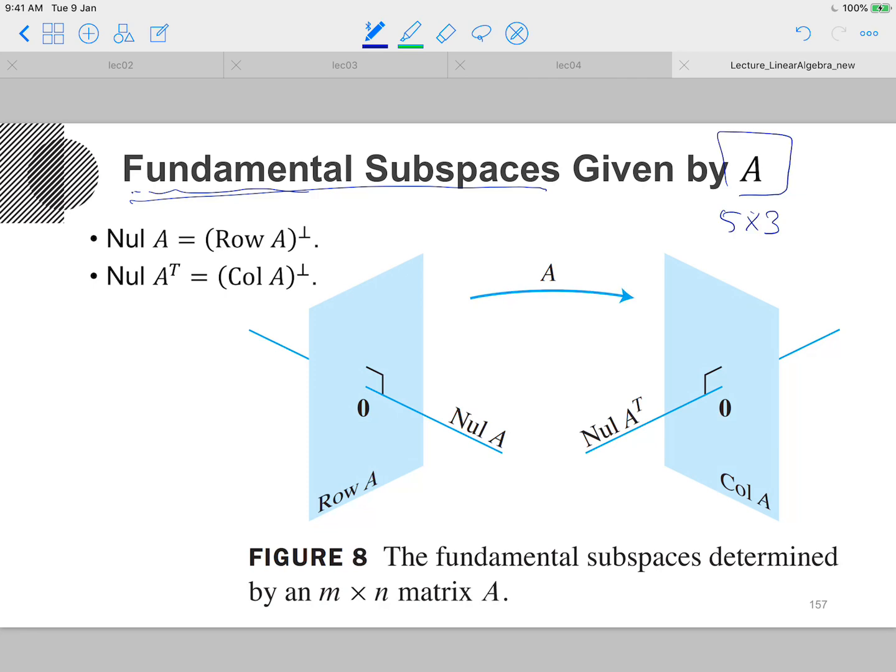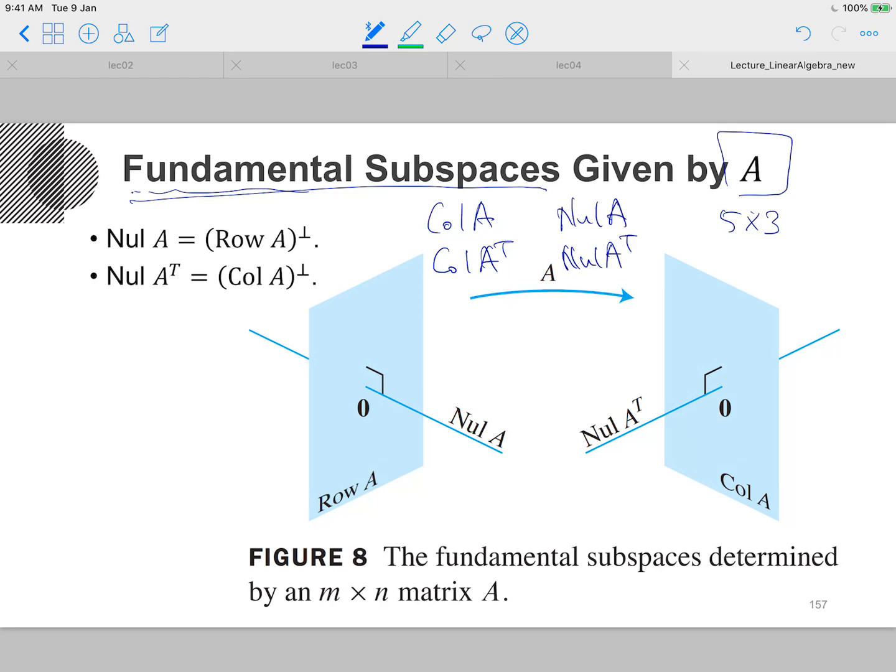In this case, we can think of the subspaces associated with this single matrix: the column space of A, the null space of A, the column space of A transpose, and the null space of A transpose.